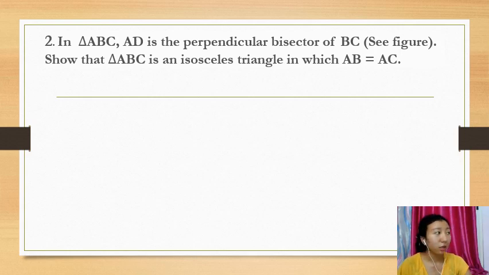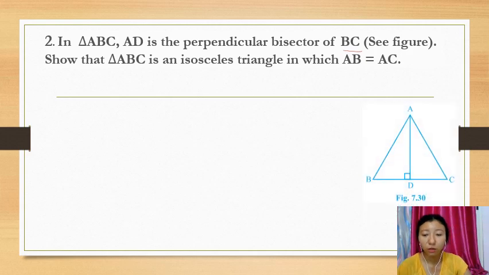In the second question it says that in triangle ABC, AD is the perpendicular bisector of BC. Now in the first question the figure was already given, but in this question the figure is not given.